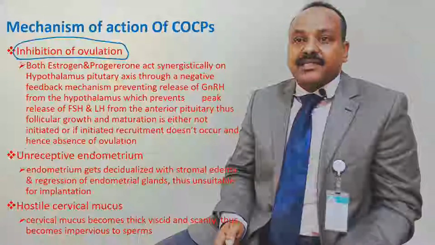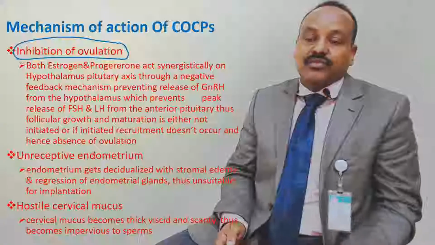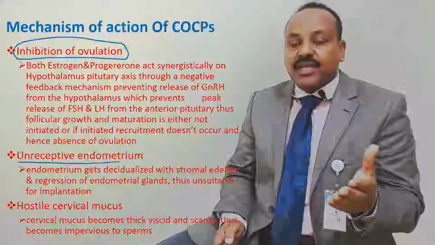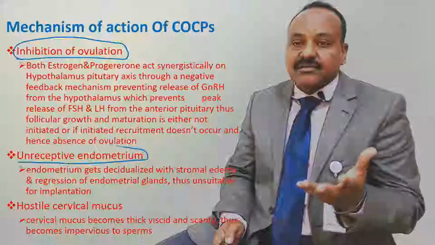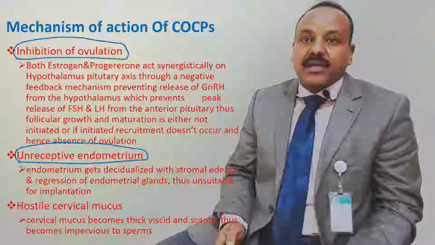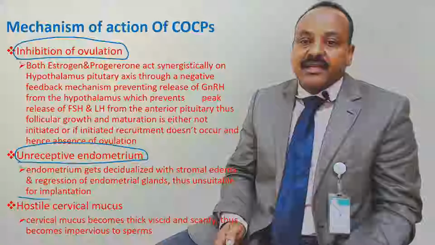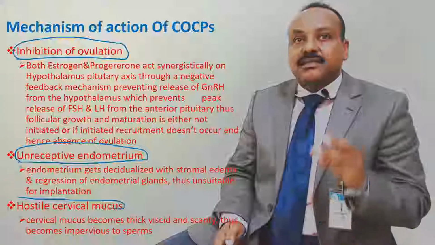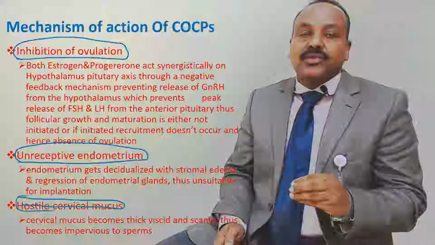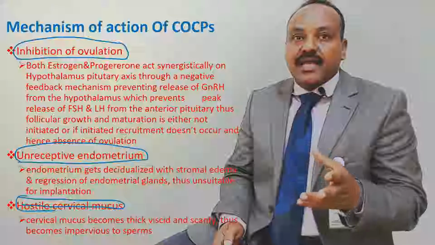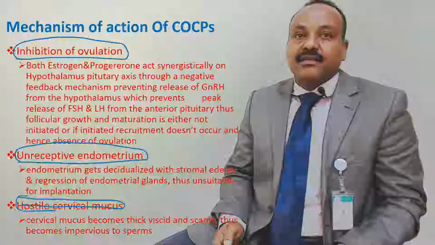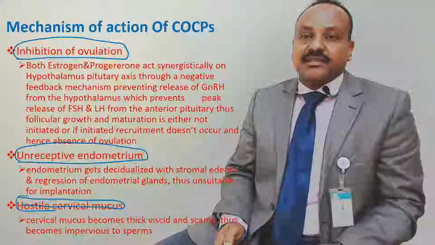Another mechanism of action is an unreceptive endometrium. Estrogen and progesterone make the endometrium unreceptive and prevent implantation. The third mechanism of action is hostile cervical mucus. The progesterone makes the mucus in the cervix hostile, and the sperm cannot penetrate the cervical mucus and enter the cervix.